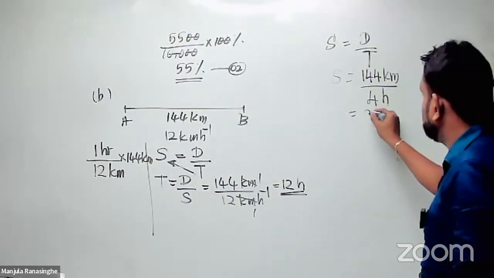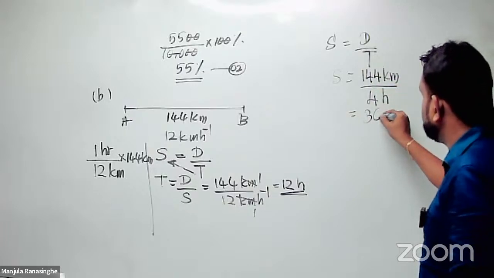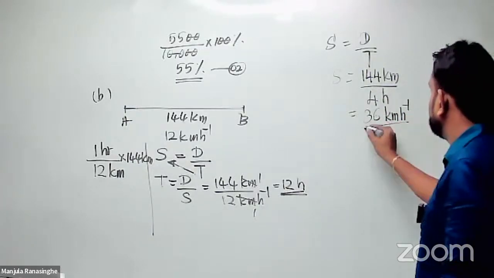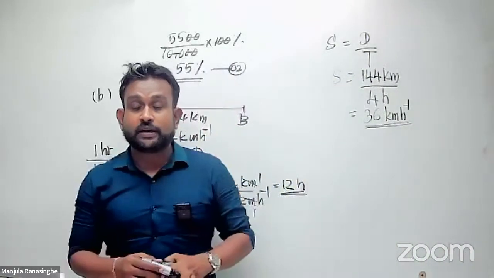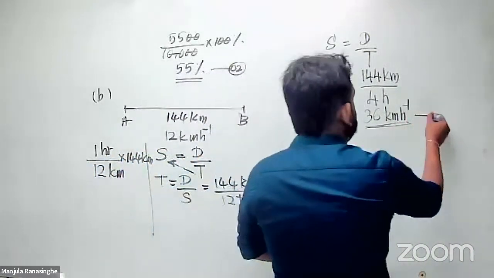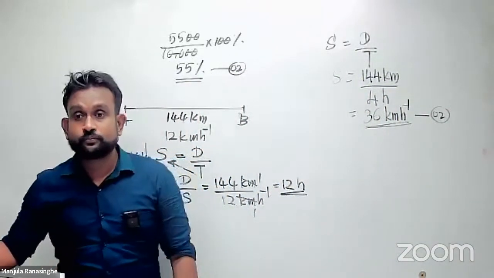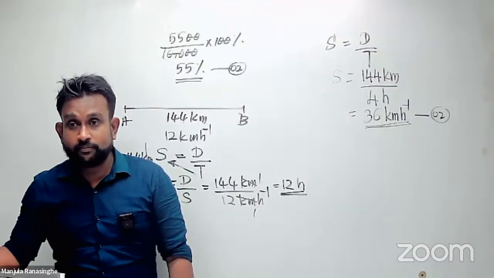Then 4 into 3 is 12, 2 remaining, 24, 4 into 6, so 36 kilometers per hour, right? So you have 2 marks for the final part. Right, correct them.